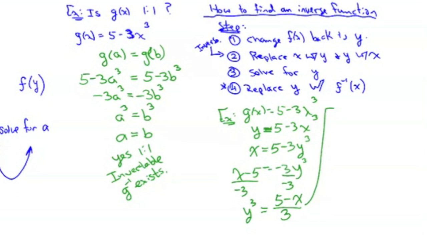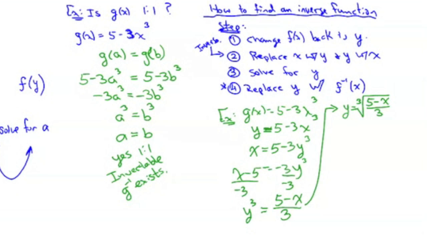All right, last step. Well, not the last step. Last step for solving for y. Cube root it. So you get y is equal to the cube root of 5 minus x divided by 3. Now the last step. Step 4 that everybody forgets. Replace y with the function inverse notation.